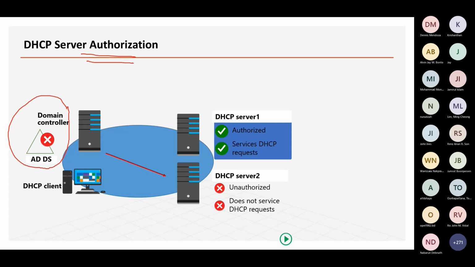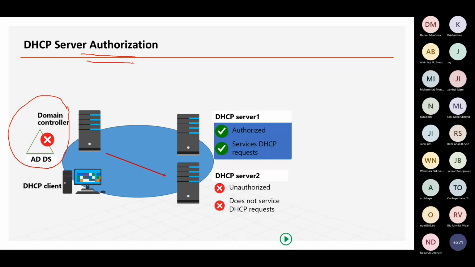You are giving authorization to a DHCP server, saying that only one server is able to respond. Only that server will have the rights to give IP addresses here. How is this configured? You need to add both DHCP servers into Active Directory, and in Active Directory you will configure something called DHCP authorization here.